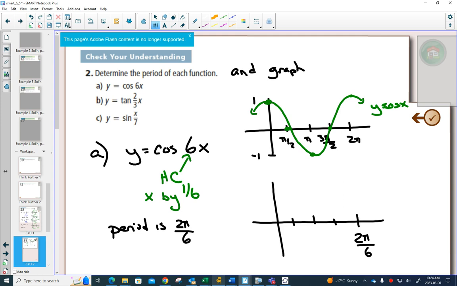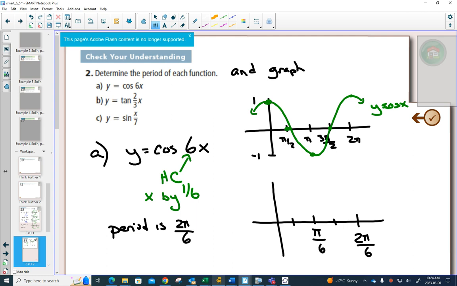And instead of multiplying each of these by 1/6, which is possible, the mental math is quite easy. The mental math works like this. Once you figure out your period is 2 pi over 6, does it make sense that this ticky mark right in the middle is going to be half of this one? If I take 2 pi over 6 and cut that in half, I get 1 pi over 6. And then the first one is going to be half of pi over 6.